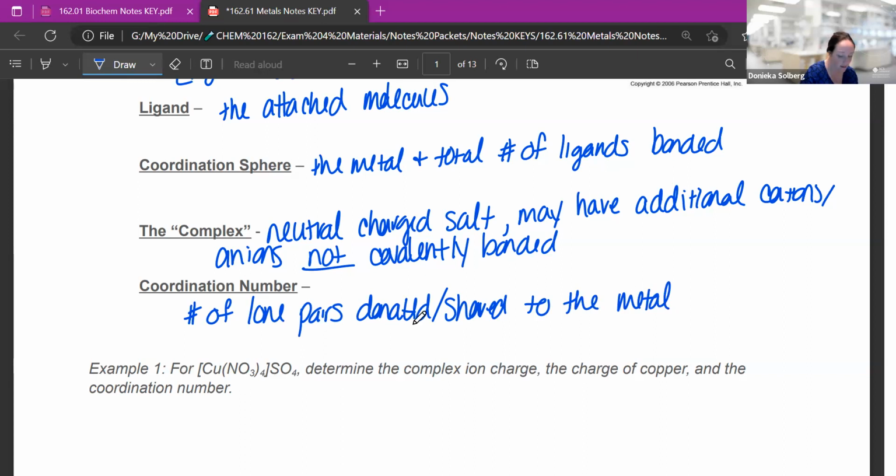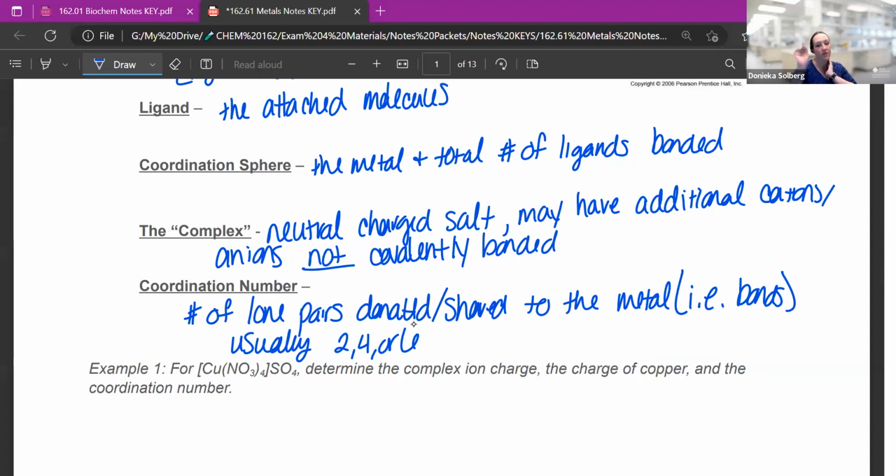So it's the number of bonds, and it is usually 2, 4, or 6. It's not the number of things attached to it, it's the number of bonds, because some things actually require multiple bonds, which I will talk about a little bit later.